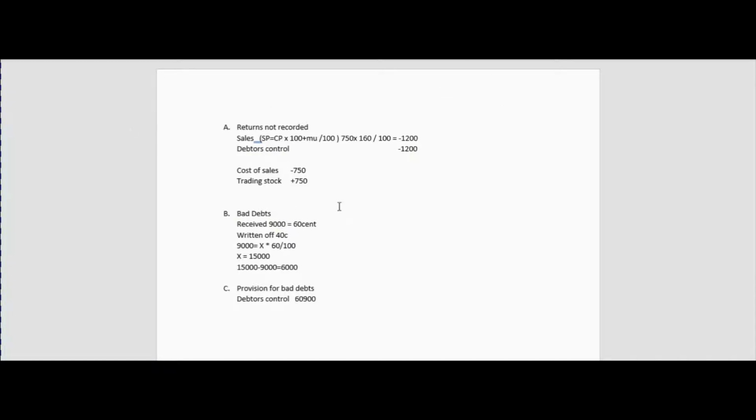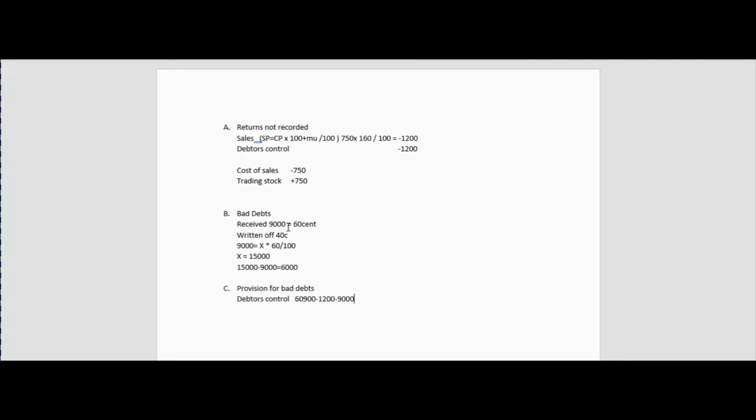With the 60,900, I must first check whether any of the previous adjustments affected it. Yes. That first one, I said the debtor will become 1,200 less, the amount that he returned. So I must still minus that from the 60,900. The bad debts, yes, also. He made a payment of 9,000 that is not recorded. Remember, they said it's not recorded, so I must still deduct that.